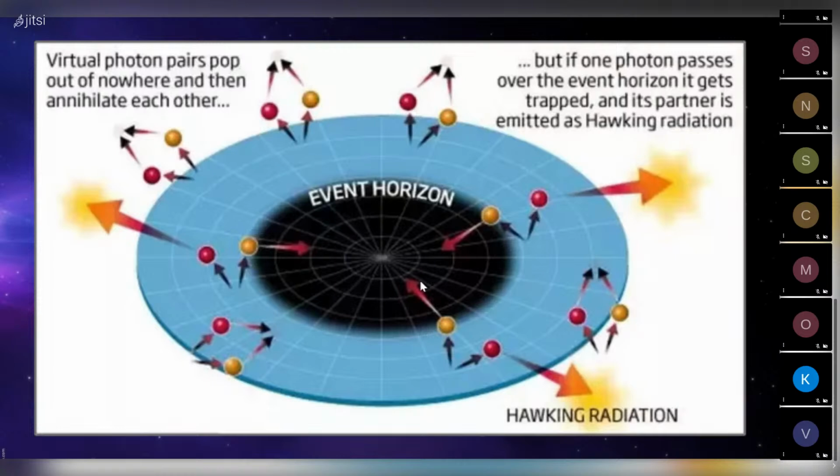As long as the particle doesn't cross the event horizon, it can escape the black hole. Moreover, since the mass of these particles is very small compared to the very high mass of the black hole, they can escape.